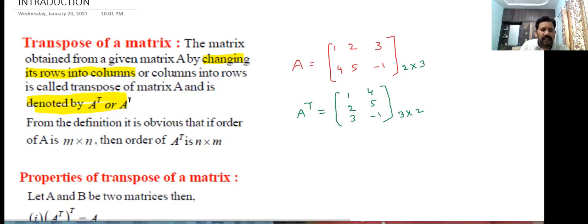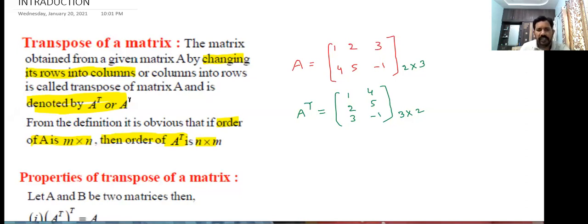From the definition, it is obvious that if the order of A is m by n, then the order of A transpose is n by m. Just write the reverse, because we are changing rows into columns or columns into rows. Don't do both. If you do both, again you will get the same matrix.